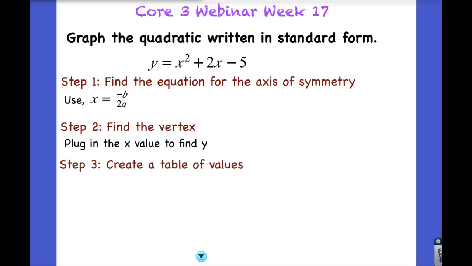Find the equation for the axis of symmetry. Gloria, do this with me. Stay with me. You can do it. Otherwise, I'm going to have to come sit by you. A is 1, B is 2.